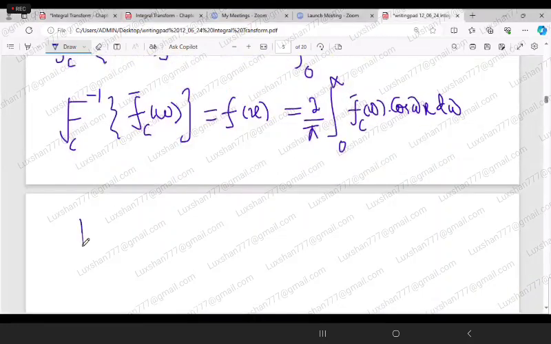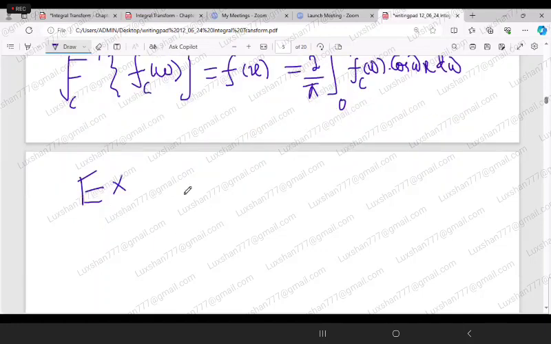So, example: the function is given as 2 e to the power minus 5x plus 5 e to the power minus 2x. If you look at the function, we don't have any information about the domain.